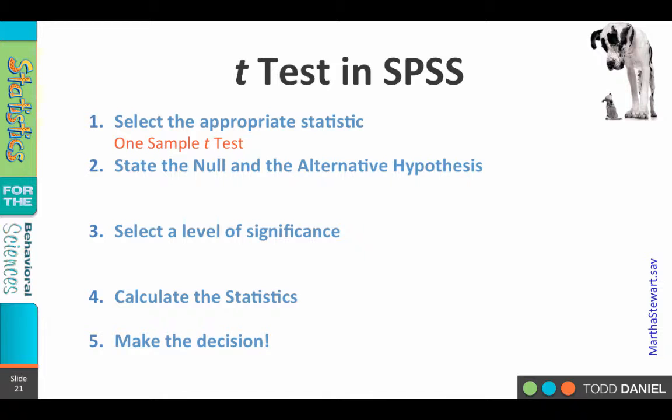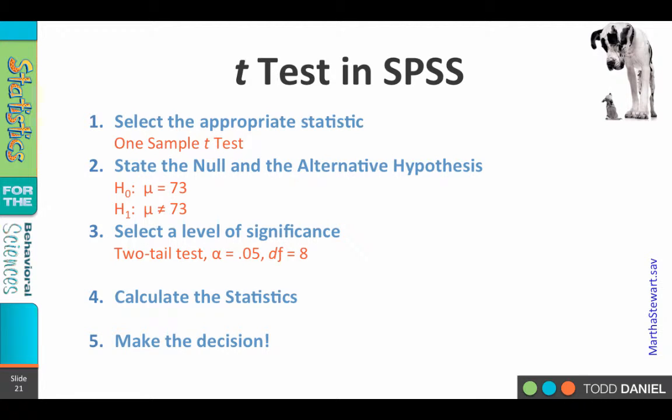The null and alternative hypotheses are going to be exactly the same as when we did the test by hand. For the null hypothesis, mu equals 73, that the men's mean should be no different than the women's mean, and the alternative hypothesis, mu does not equal 73. Our level of significance, two-tailed test, alpha 0.05, 8 degrees of freedom.